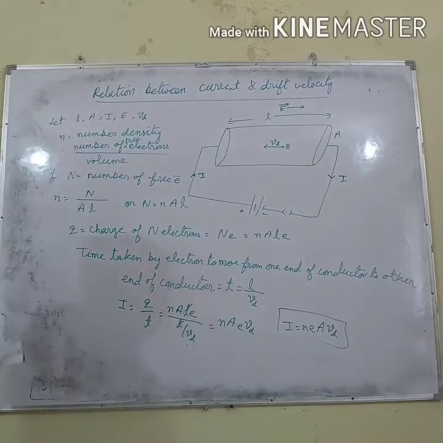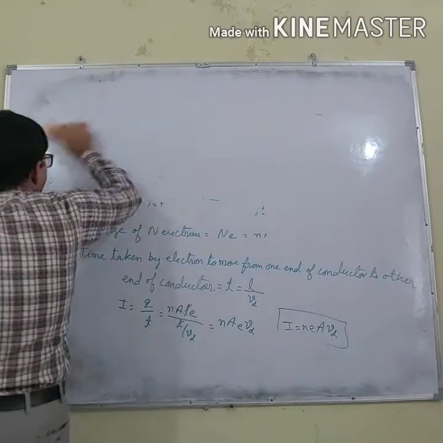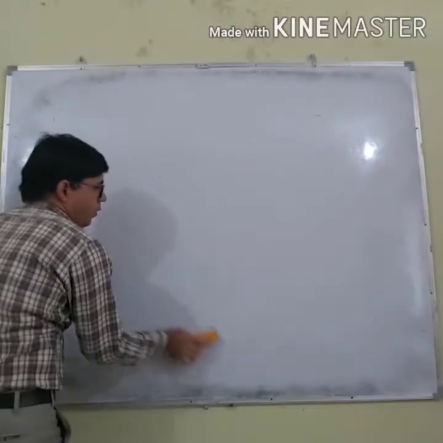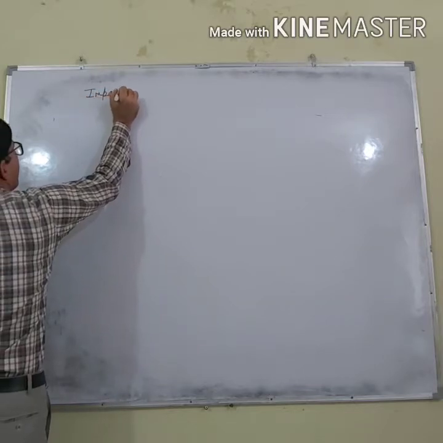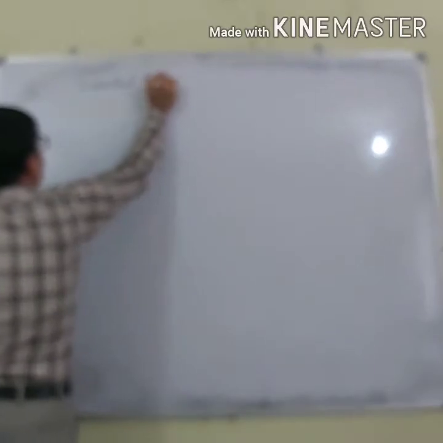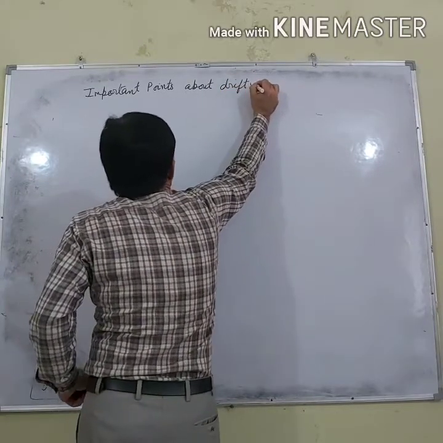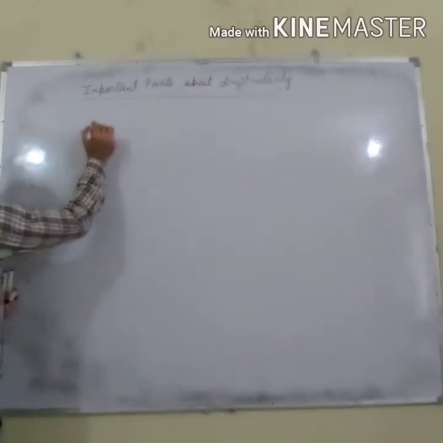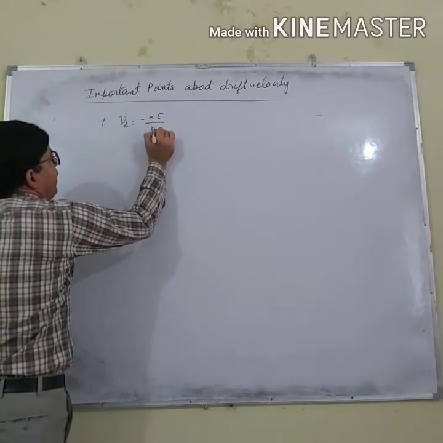Now there are a few important points. Let's discuss those important points about drift velocity for your board examination. The first point is that drift velocity equals minus e E upon m into tau.